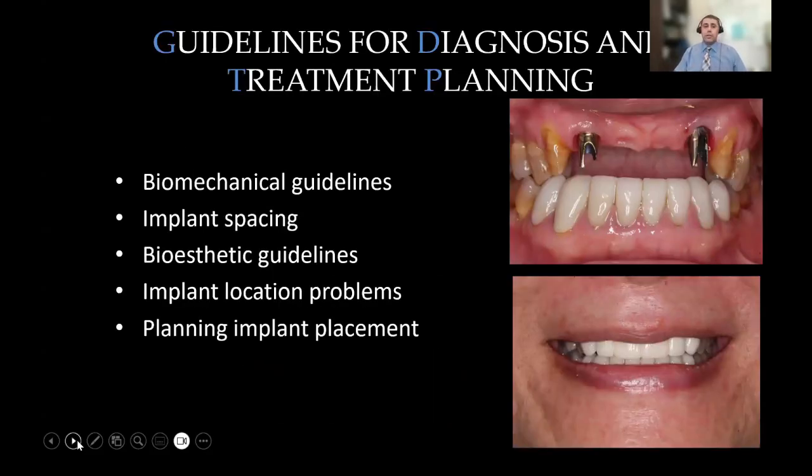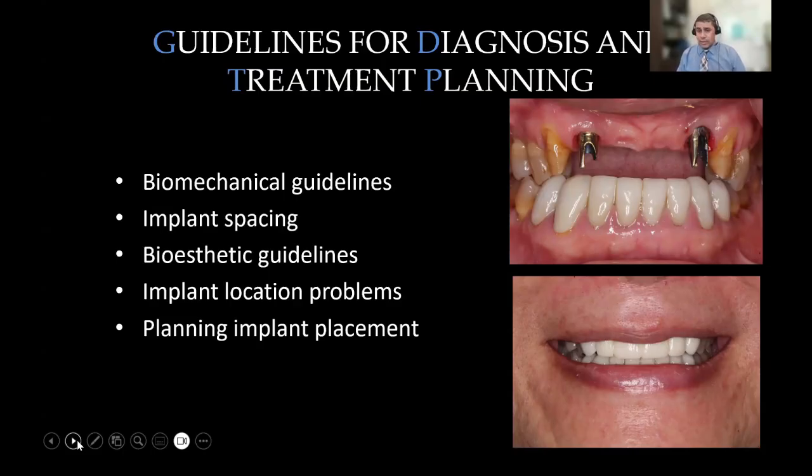Some of the important guidelines for diagnosis and treatment planning when it comes to dental implants: it's important to look at biomechanical guidelines and how that relates to your patient and how you can optimize the features of the therapy, the size of the implant, the type of the implant, the location of the implant, the number of implants, spacing, how many implants you need per segment. Does that differ between an anterior case versus a posterior case?